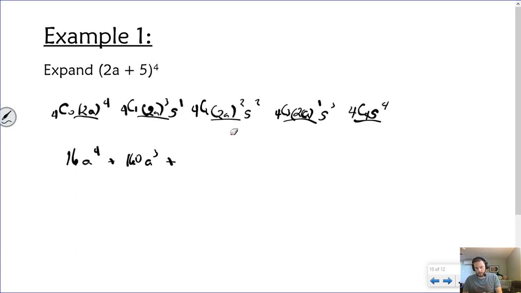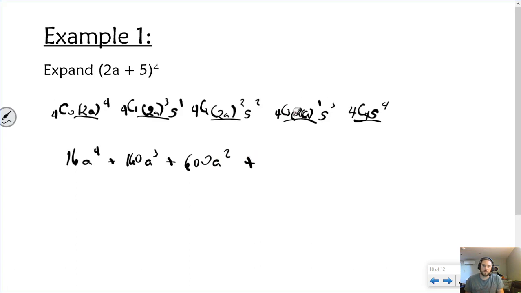But let's check that, plug it into our calculator. 4c2, we get 6. So this is 6. 2 squared is 4, right? 5 squared is 25. So 4 times 25 is 100, times 6 is 600, a squared.